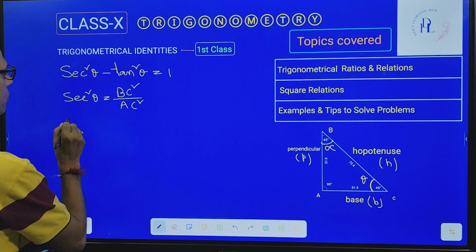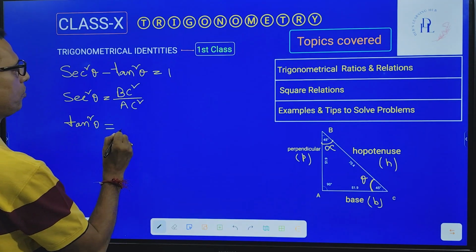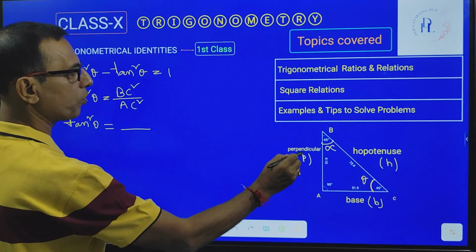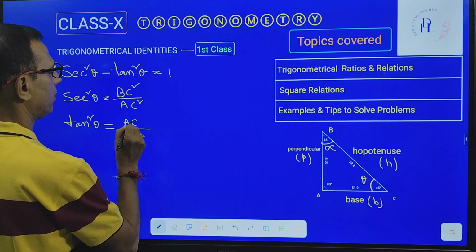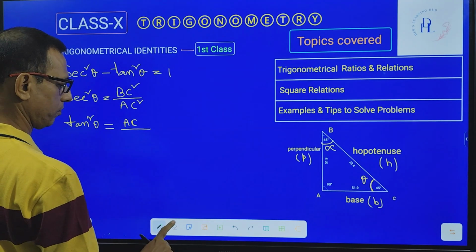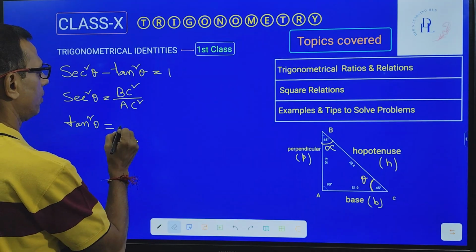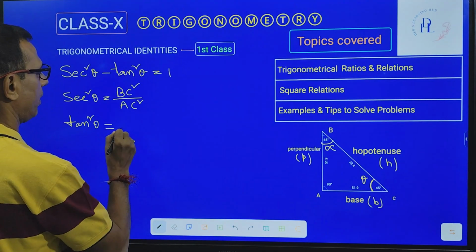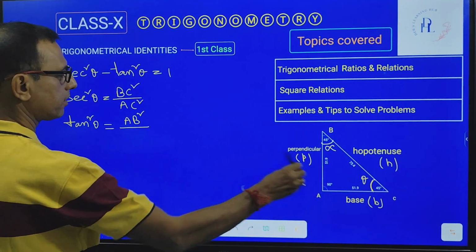What is the value of tan square theta? Tan square theta equals perpendicular square by base square, that means AB square by AC square.